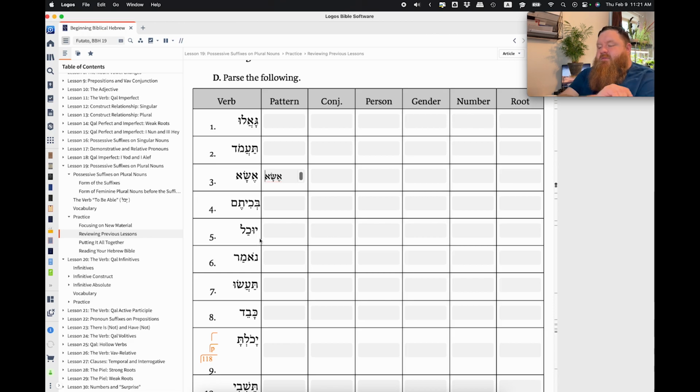Number 5, this is a little bit unusual. We've got a shurik here. Shurik toward the beginning of a verb, especially shurik after a prefix, is a good indication that you're looking at a specific type of one yod vav. Now this, we learned just on its own. This is the verb yakol. Yakol in the perfect is a stative verb. It's also stative in the imperfect, but this would be the imperfect form because the yod here is actually the prefix yod.